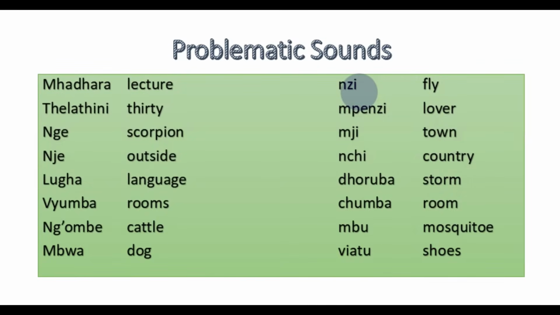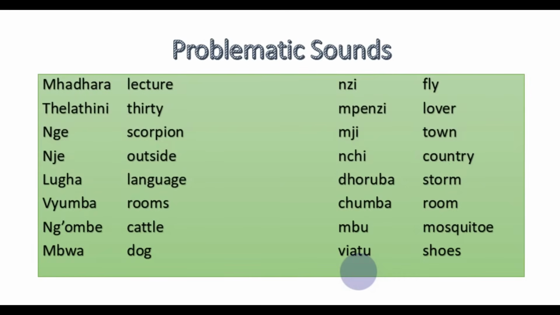Nzi, a fly. Mpenzi, a lover. Mji, a town. Nchi, a country. Dhoruba, a storm. Chumba, a room. Mbu, a mosquito.